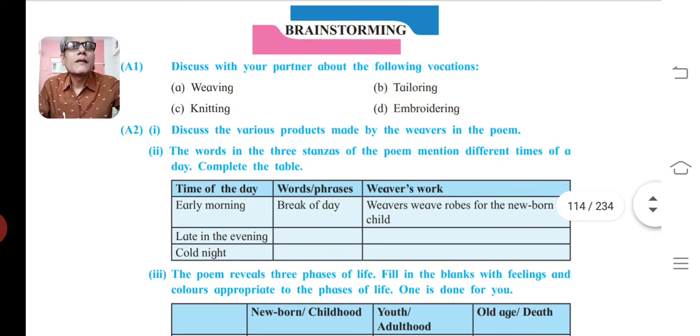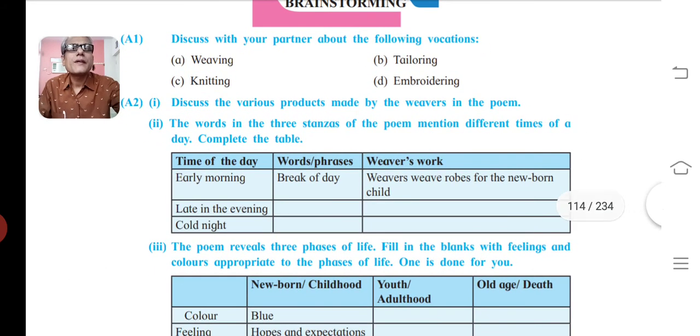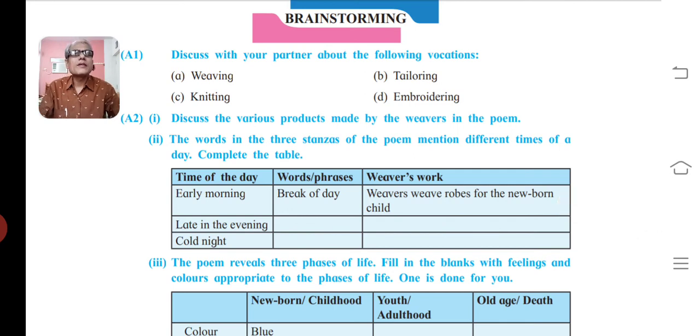Now here you will have to discuss. These four occasions are given here and you will have to discuss them with your partner. I will take two on my own and the remaining are to be done by you.